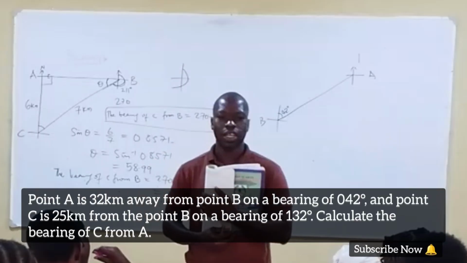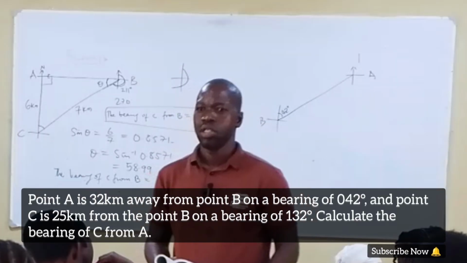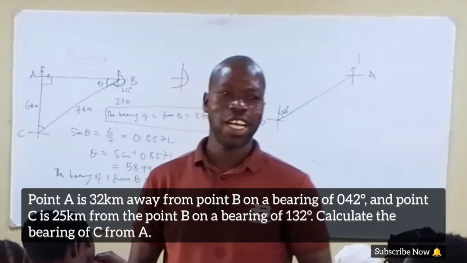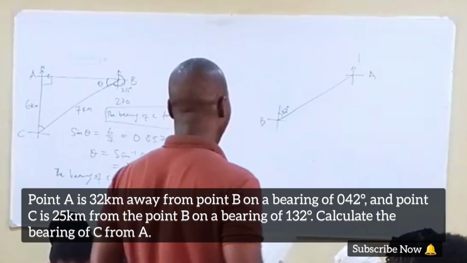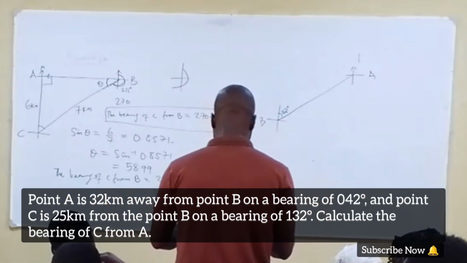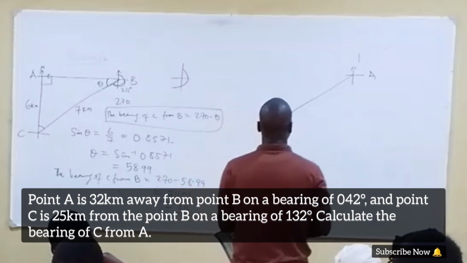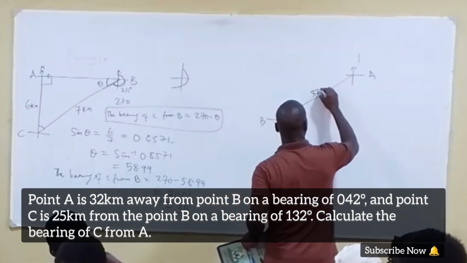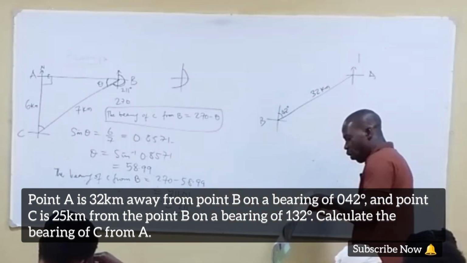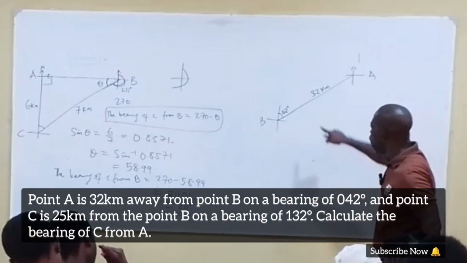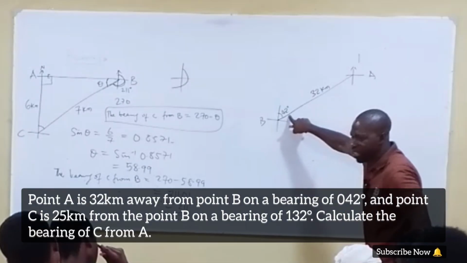Do you understand that? Read the question and look at the diagram. Point A is 32 kilometers from point B on a bearing of 42 degrees.